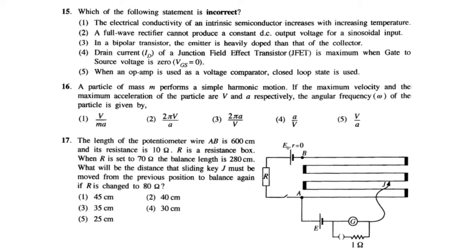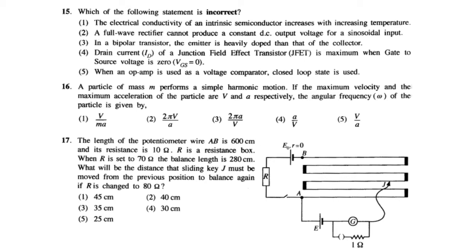Now the op-amp has two inputs. One is the inverting input, the other one is the non-inverting input. Inverting input is V minus, non-inverting input is V plus. If V plus is greater than V minus, then the output is plus, and it is equal to the positive value of the supply voltage.